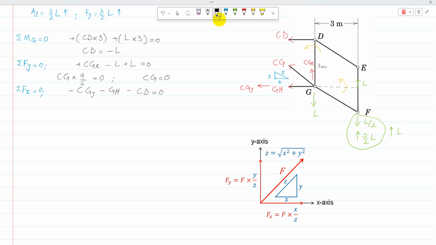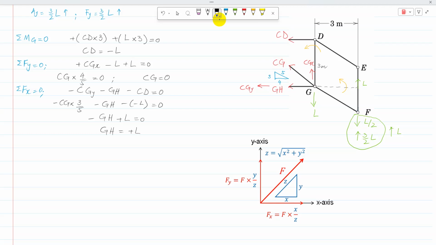Now I already have CG as 0, so it is minus CG times 3 over 5, then minus GH, and I have CD there as minus L, so that is minus into minus L, equal to 0. After substituting CG equal to 0, that whole factor goes to 0. So minus GH plus L is equal to 0. So GH is equal to plus L.